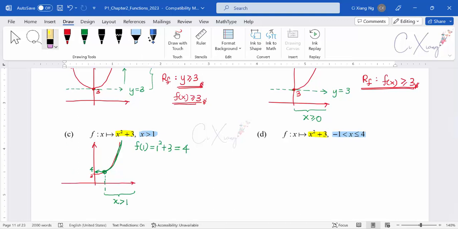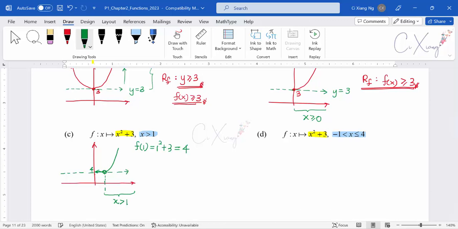So my final graph for this particular domain will be something like this, where you can observe that the value starts from 1, and the lowest value for y is 4.